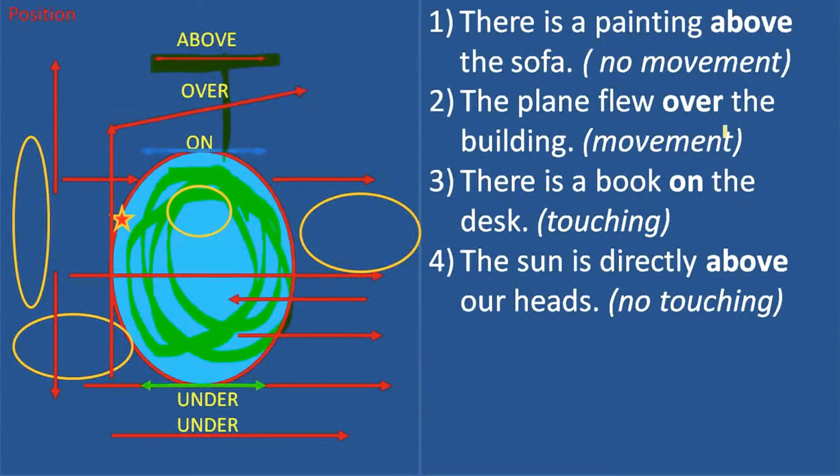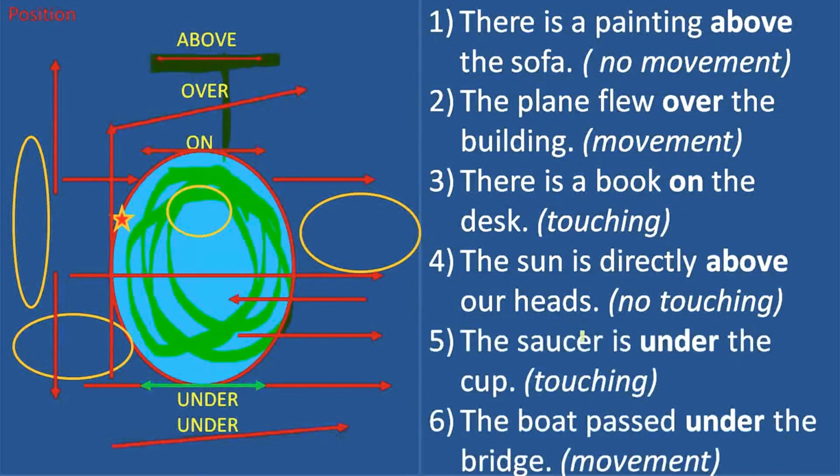Next, if something stays under something by touching, that time we will use under. For example, the saucer is under the cup. Saucer and cup stay by touching, so we will use under.